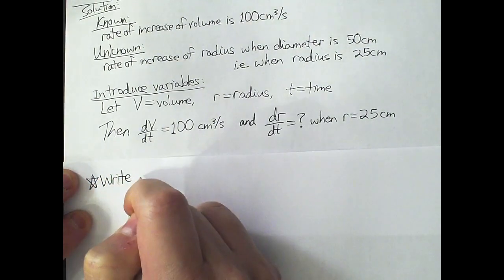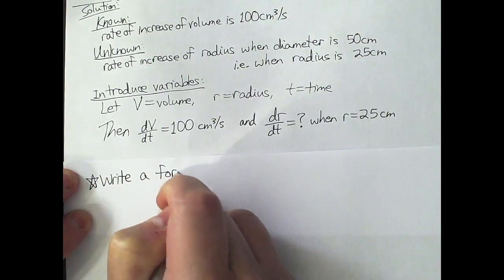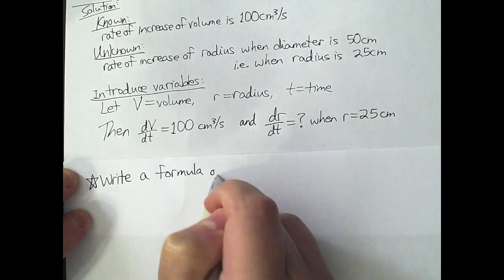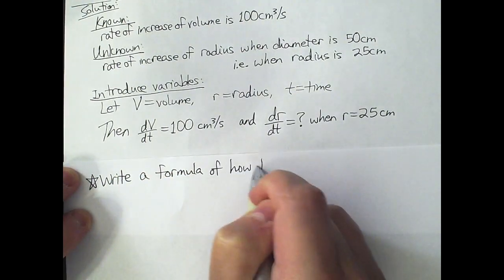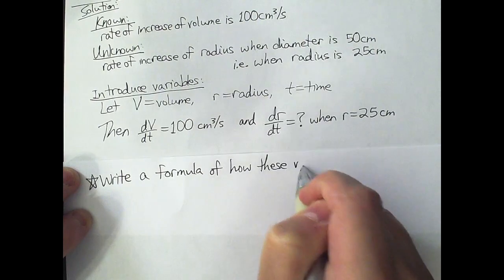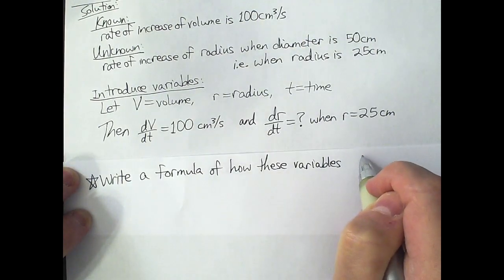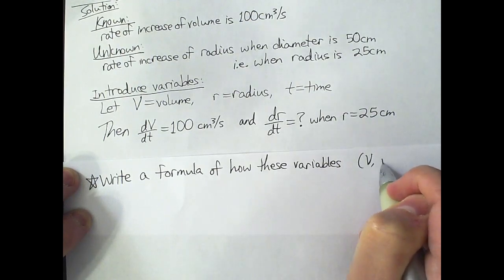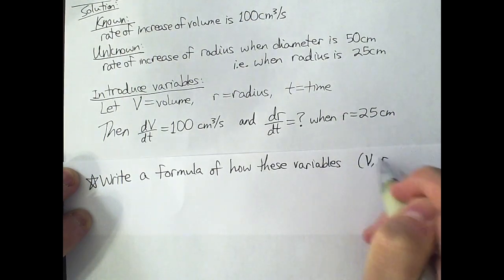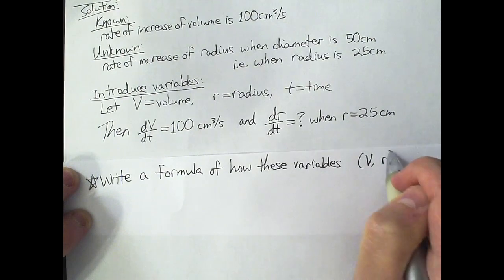In these problems, at this point, you want to write a formula of how these variables, V and R, relate.